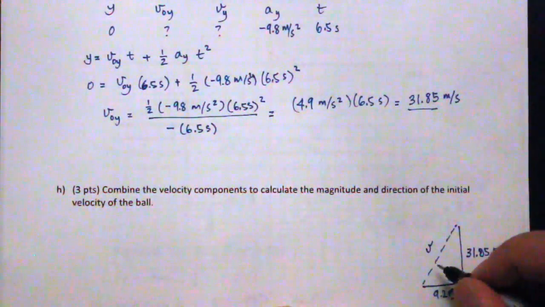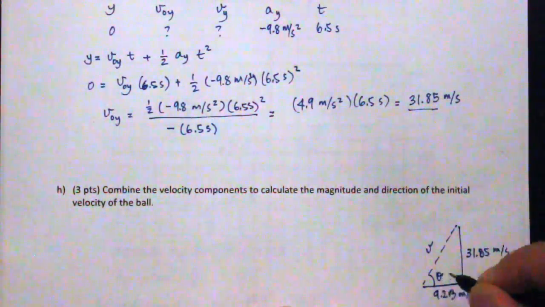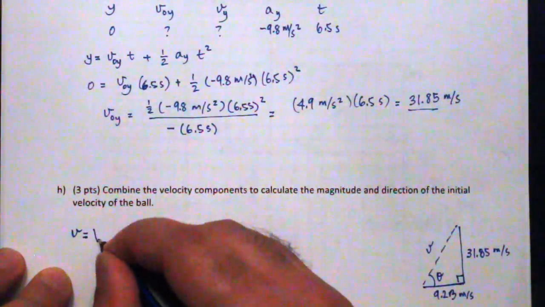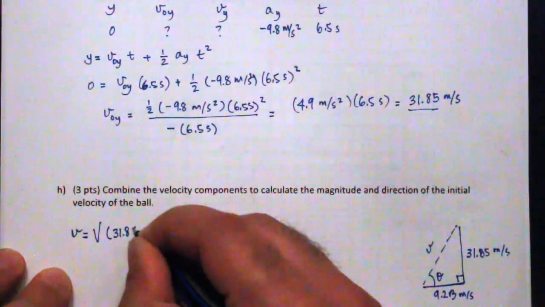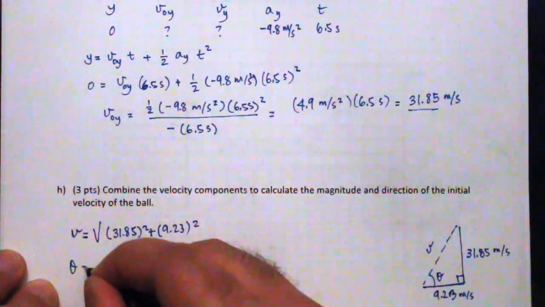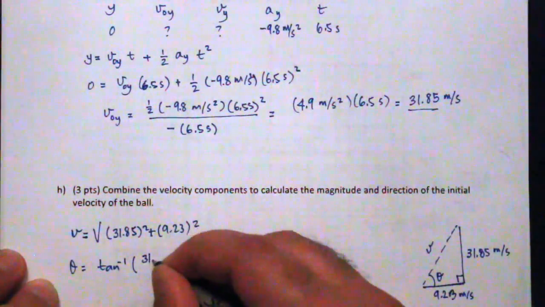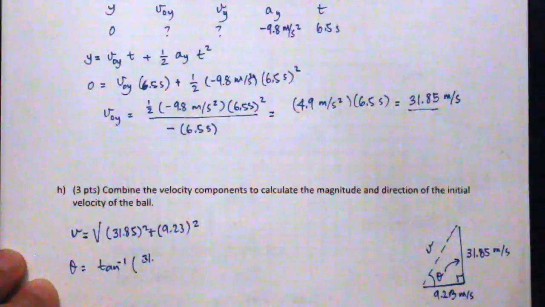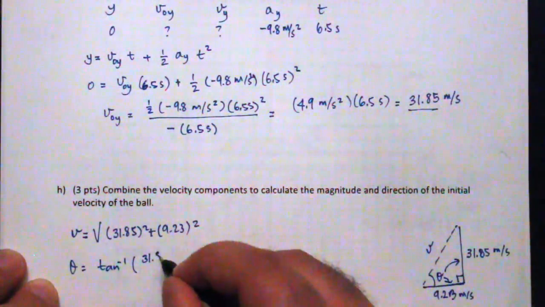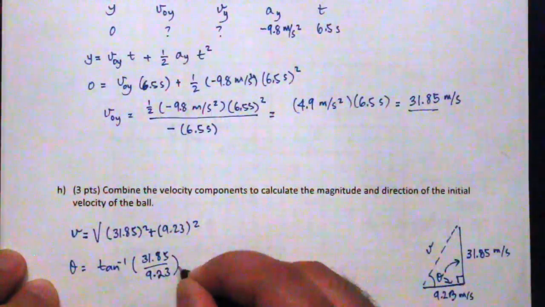So the velocity will be given by the Pythagorean theorem, and I can calculate the angle. So the velocity is the square root of 31.85 squared plus 9.23 squared, and the angle is the arctan of the opposite over the adjacent, 31.85 over 9.23.